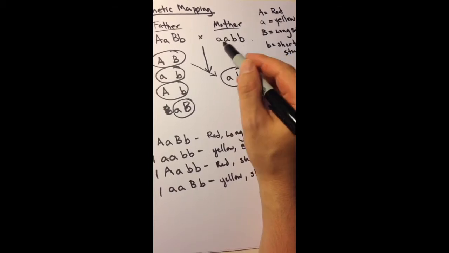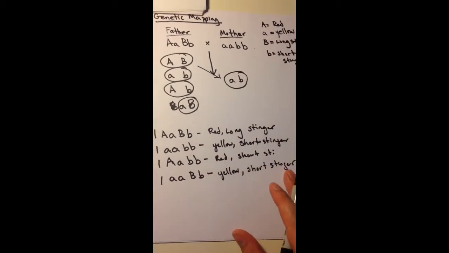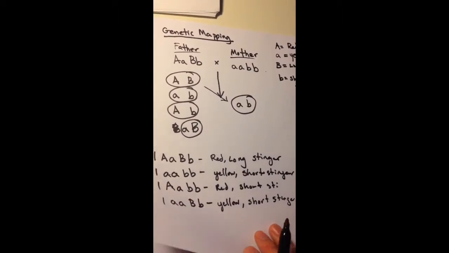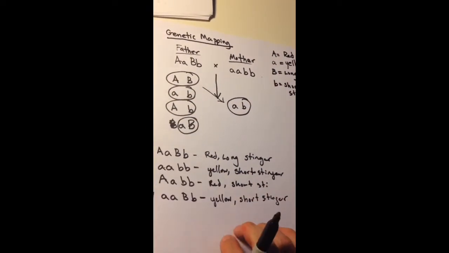You know ahead of time that she's carrying all recessive alleles. So you have a 1-to-1-to-1 ratio from this, and you know that for sure.